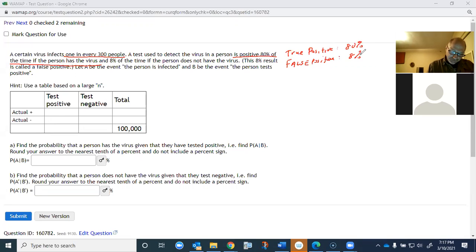Let's look at this column. These are all for a person who gets a positive test. 80% of the time, it will be true, right? This is called the true positive group. But here, if it's positive and they actually don't have the virus, that's called a false positive, okay?